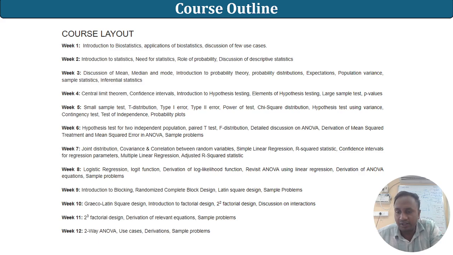Then we defined inferential statistics and discussed what a hypothesis is. We saw the elements of the hypothesis, the null hypothesis and the alternative hypothesis, then the confusion matrix, type 1 error and type 2 error. Then we covered the p-value and the power of the test, and then the contingency test.